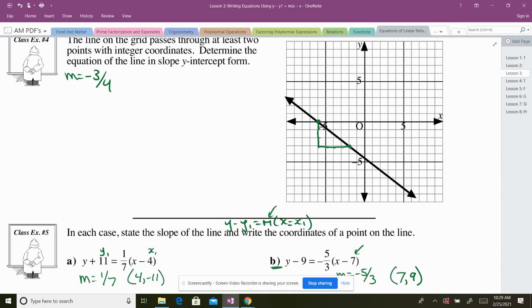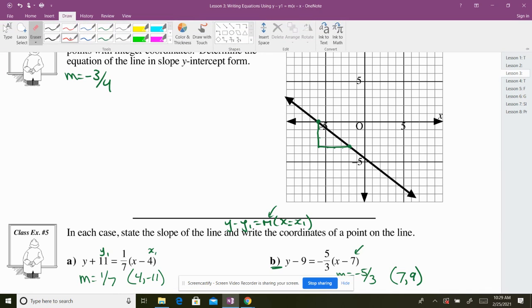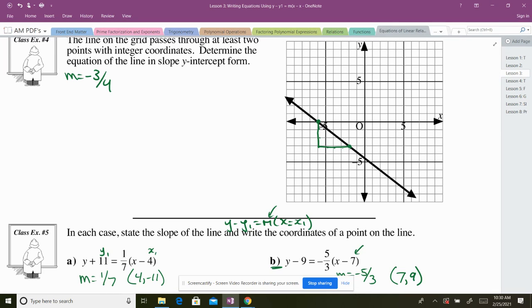Now we have to pick a point. Okay, a point that it goes through. Normally we pick the y-intercept, but we don't know the y-intercept exactly. So we have to pick a point that we know exactly. What point do we know exactly? That one? I need the coordinates other than that one.